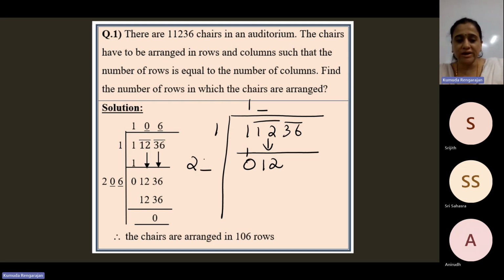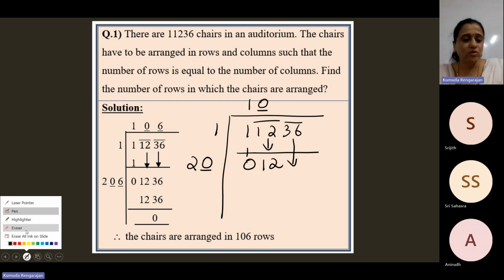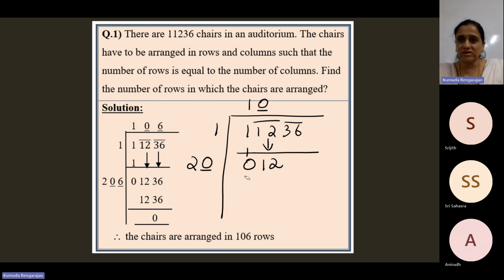So it has to be 0, right? So what you can do is add a 0 here, 0 here, and bring the next pair down. Why? Because you know 12 only is going to be the remainder, right? 12 minus 0, 12 you're going to get again. So instead of doing that, add a 0 here, 0 here, and bring the next pair down.